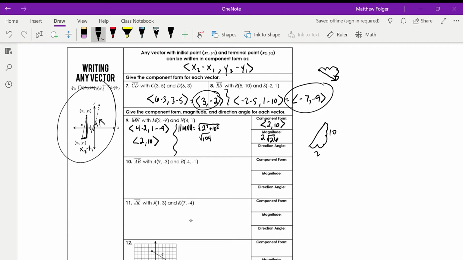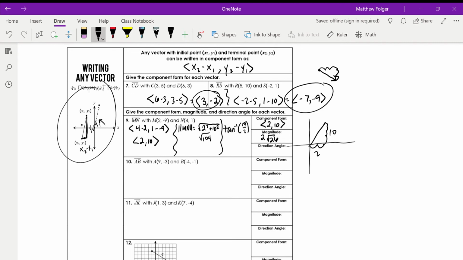And then the direction angle is going to be inverse tan of 10 over 2, or inverse tan of 5, which we remember we always have to check what quadrant this is in. Well, 2, 10 is in the first quadrant.